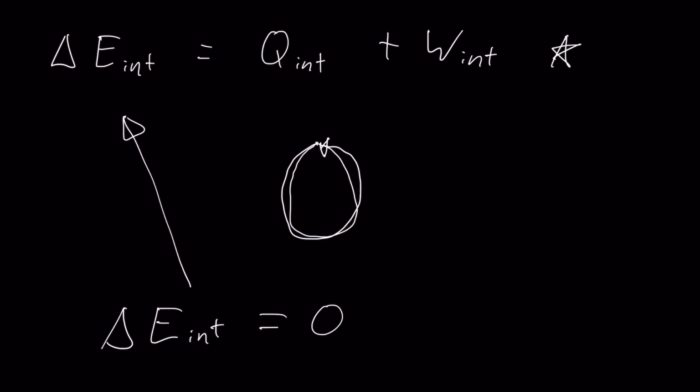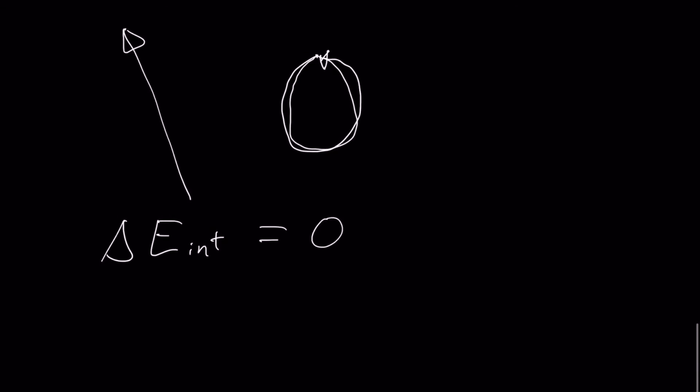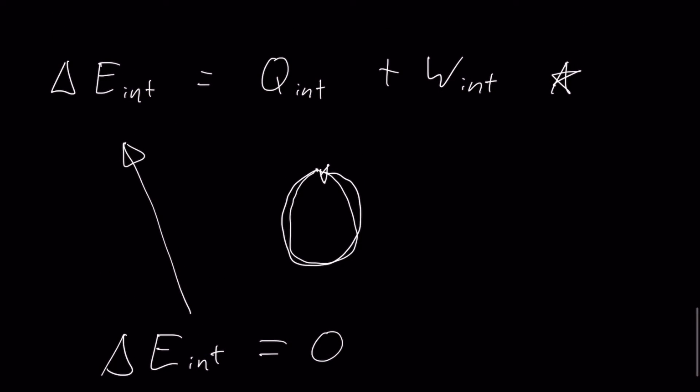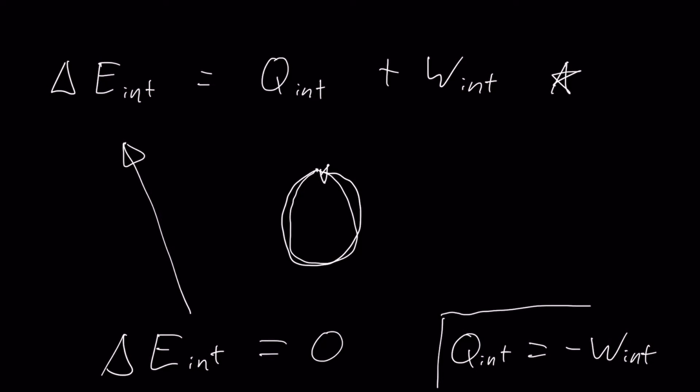If we look back at the first law, we can rearrange this equation to show that the heat of the system has to equal the negative work of the system. If we just subtract the work on both sides, we get that this is true.